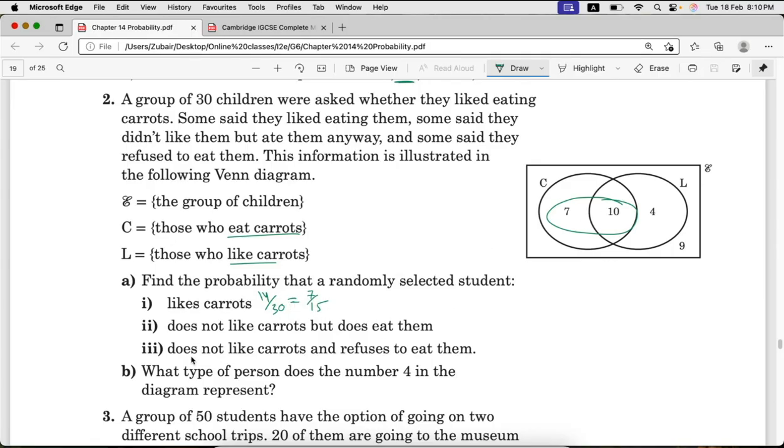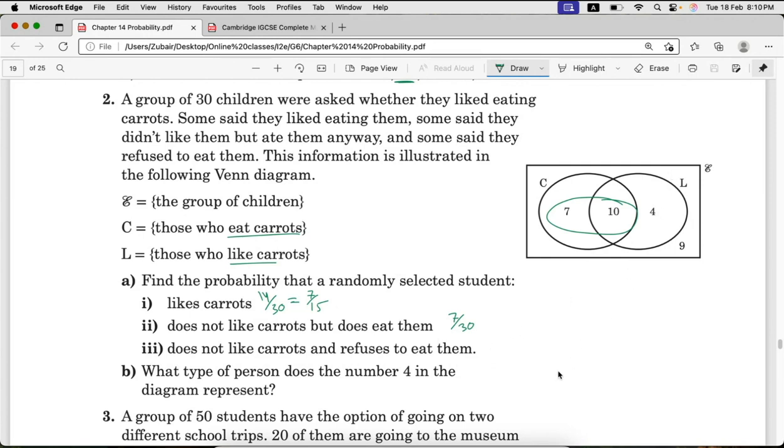Does not like carrot but does eat them, this is 7 by 30. Does not like carrot and refuses to eat them. Where are you getting this 3 from?